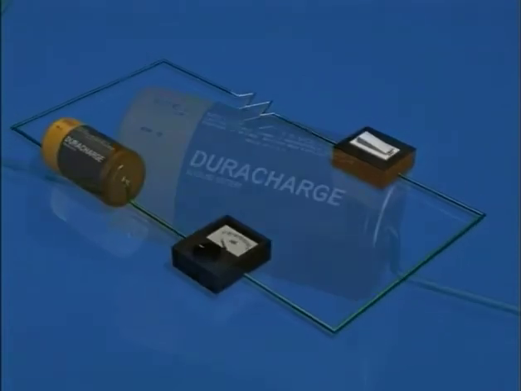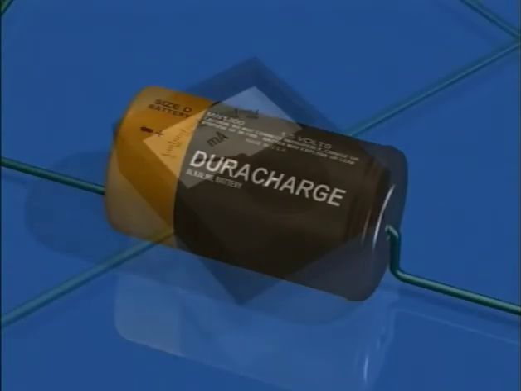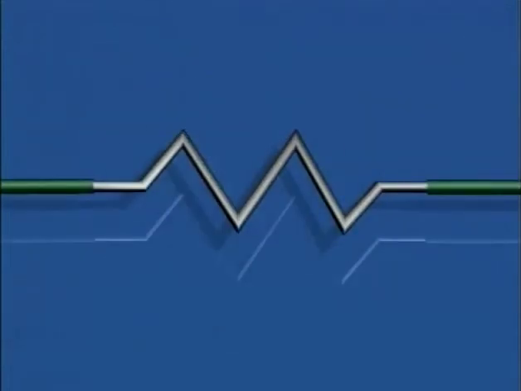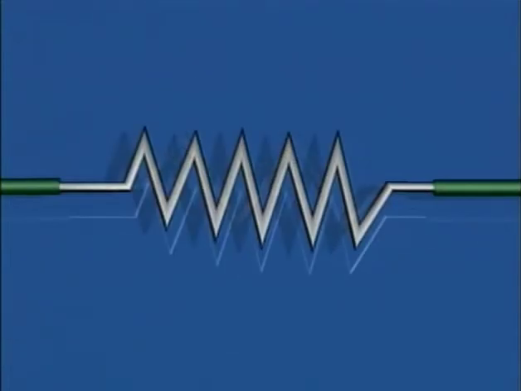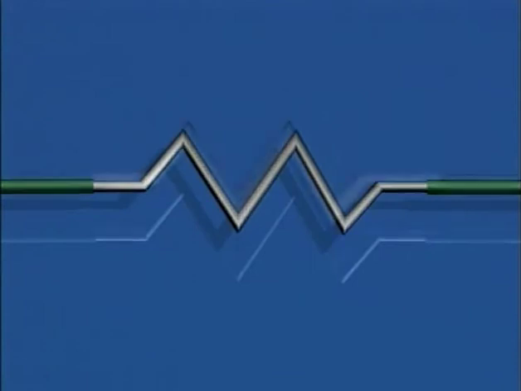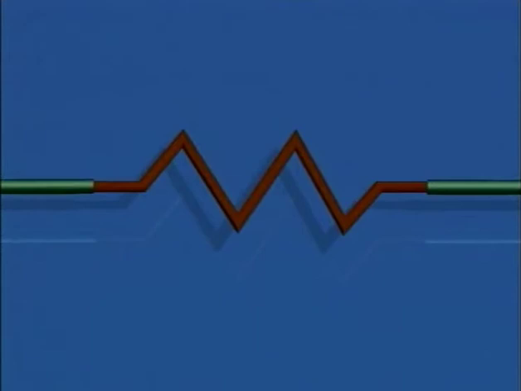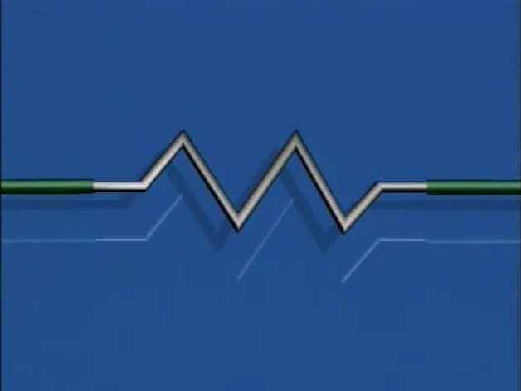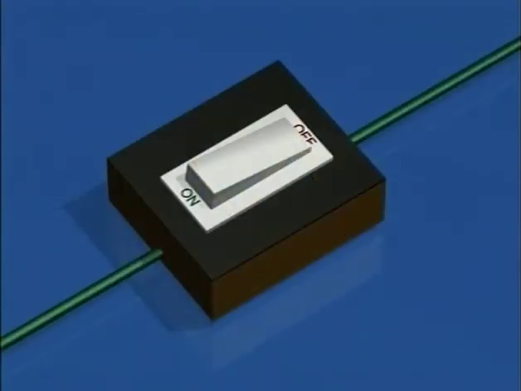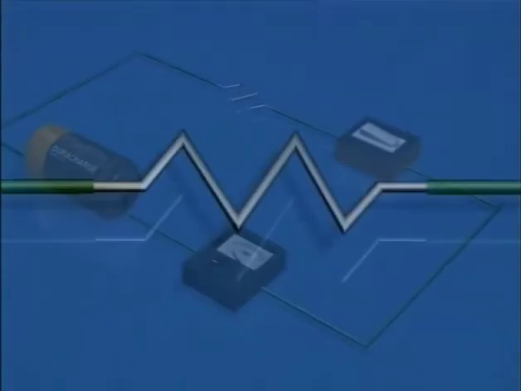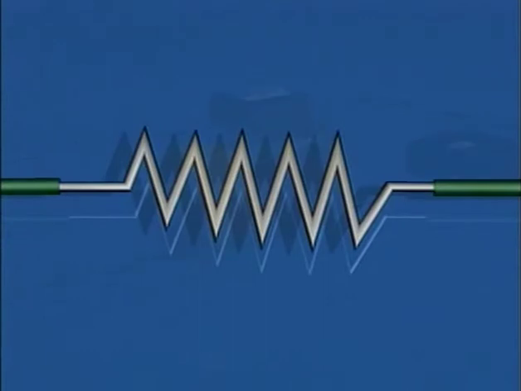Materials required are a cell, an ammeter, nichrome wires of different lengths, nichrome wires of different cross-section, a copper wire of same cross-section and same length, and a key. First, we will conduct the experiment using wires of different lengths.